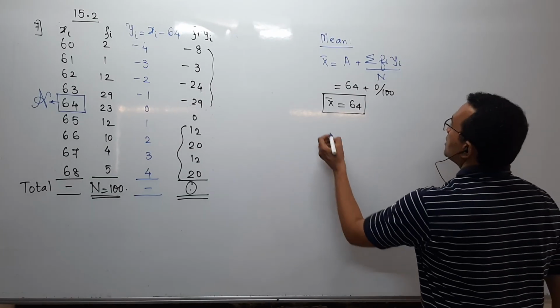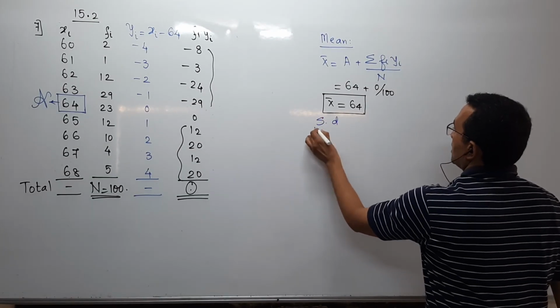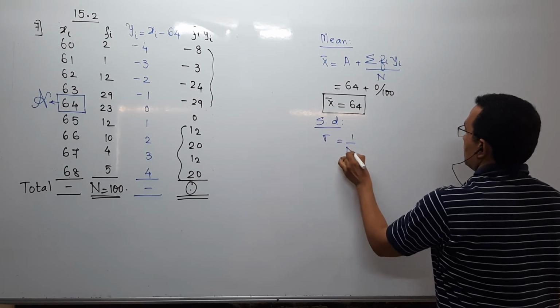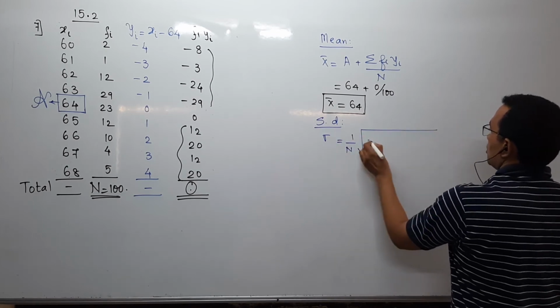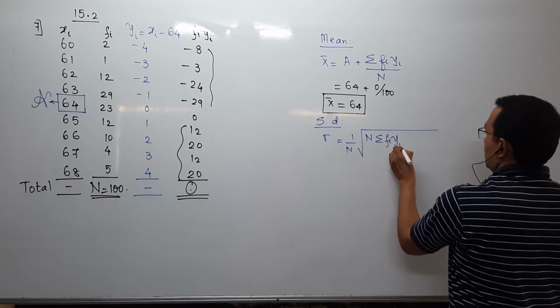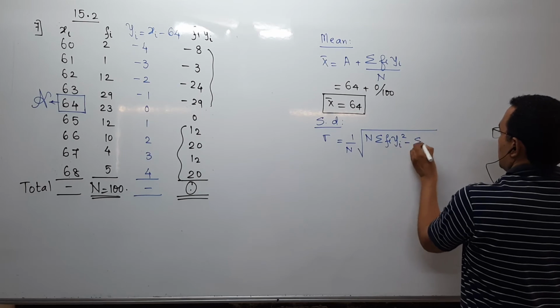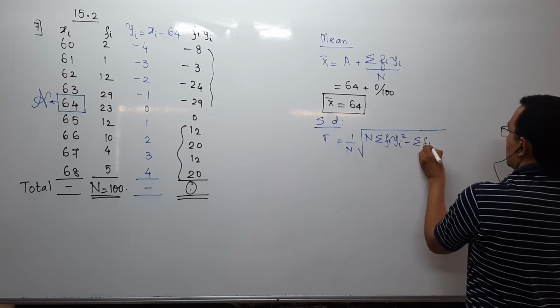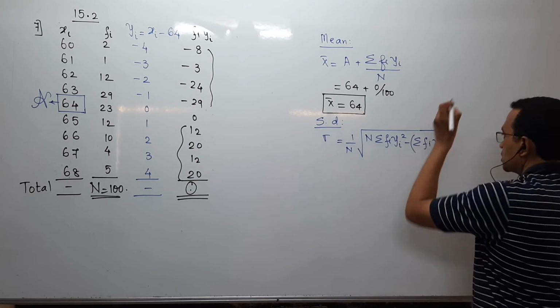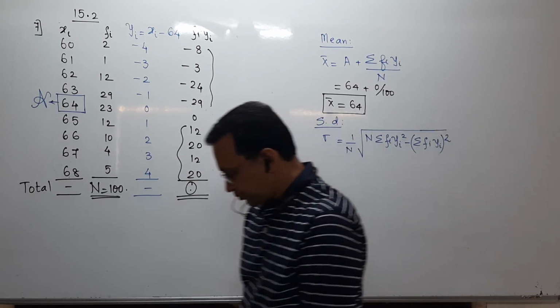Now I am noting down the formula of standard deviation. Sigma is equal to 1 by n into square root of n into sigma fi yi square minus sigma fi yi the whole square.